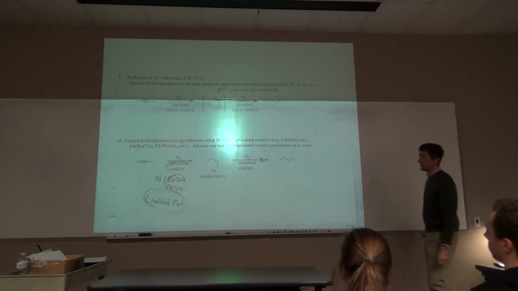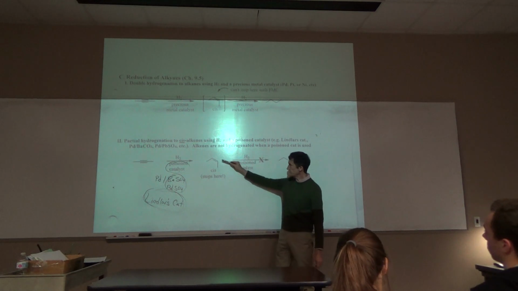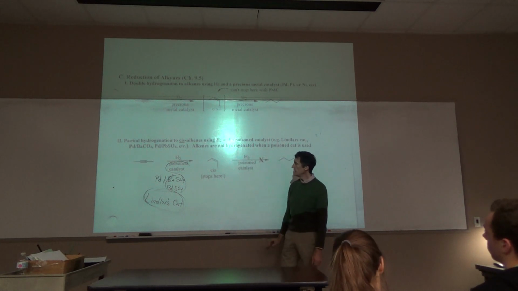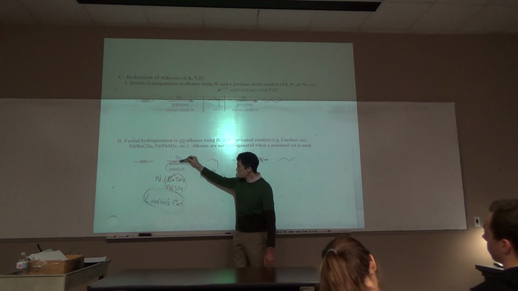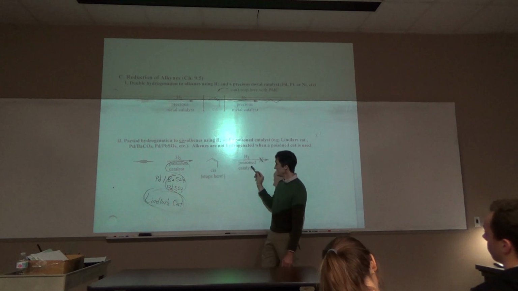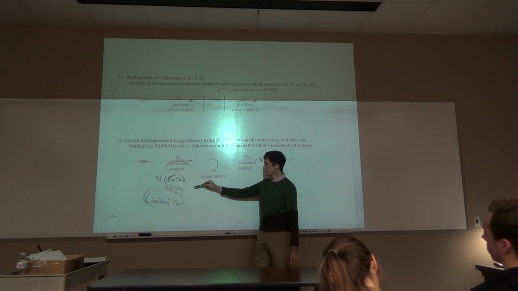This implies that hydrogenation of the first pi bond is easier and hydrogenation of the second is more difficult. And that is indeed the case. Because if you think about it, if the first hydrogenation was difficult and the next one was easier, then why would it only do the first one if the next one's easier?